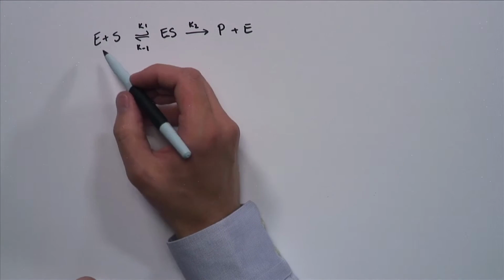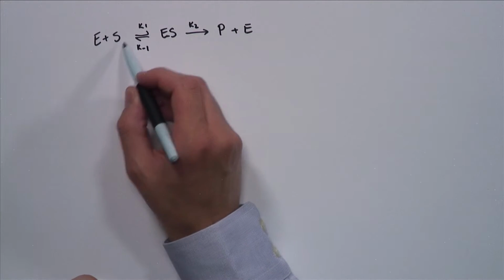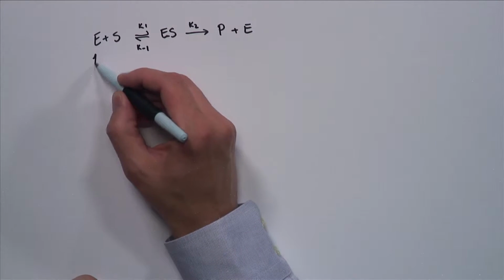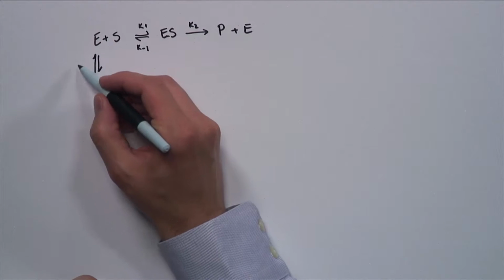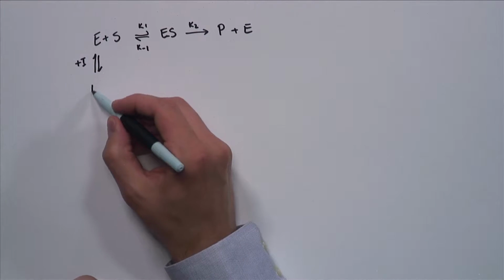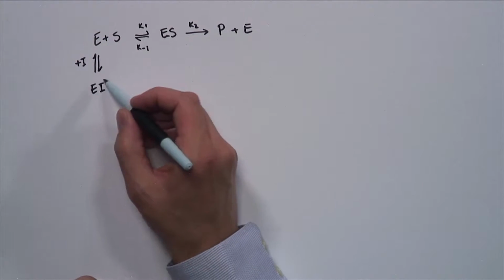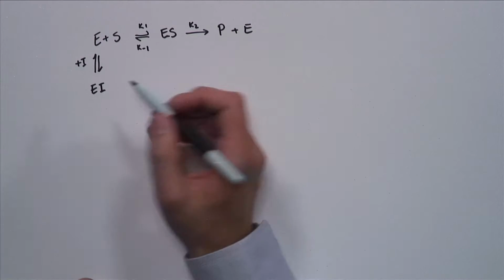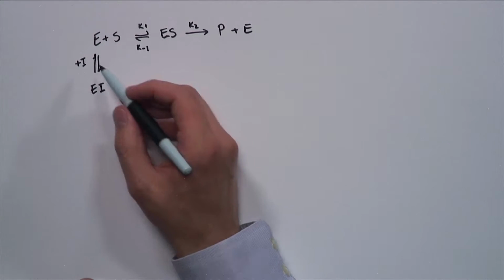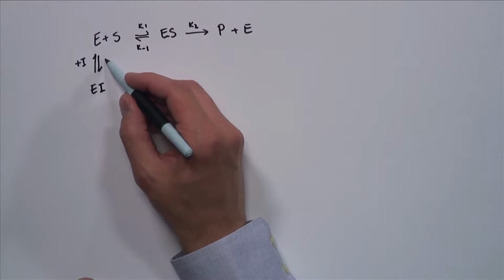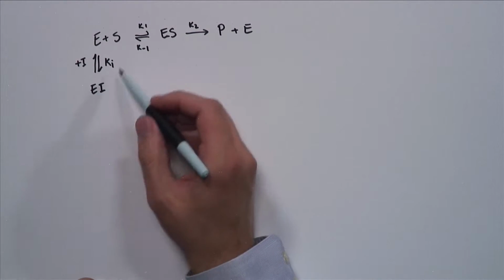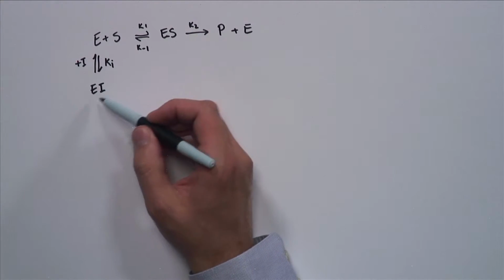But the inhibitor will react with the enzyme in the absence of the substrate in an equilibrium, forming an enzyme-inhibitor complex, which does not lead to any product. The constant of this equilibrium we're going to call Ki, and this is the dissociation constant of the enzyme-inhibitor complex.